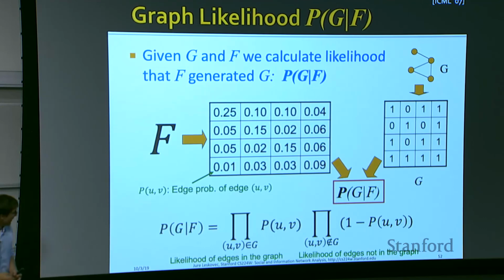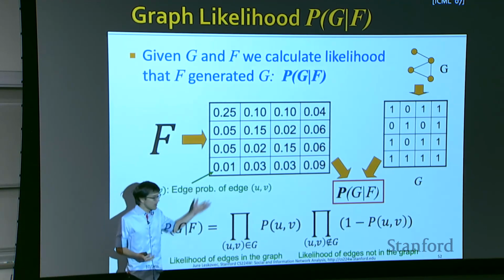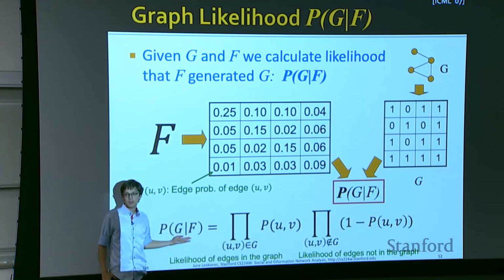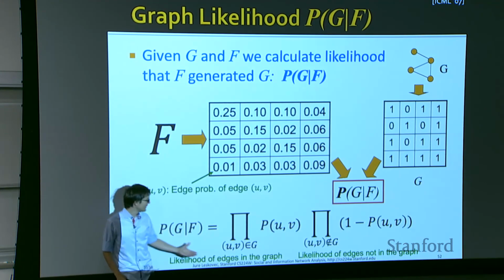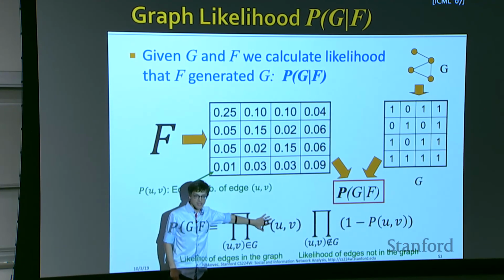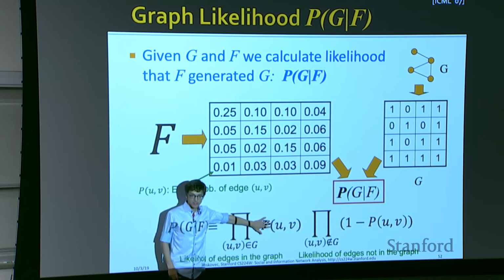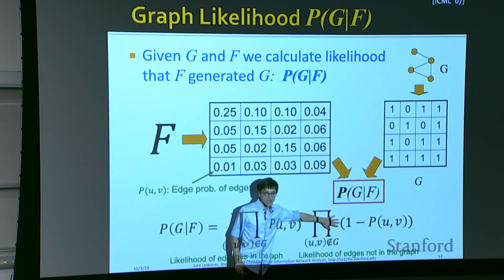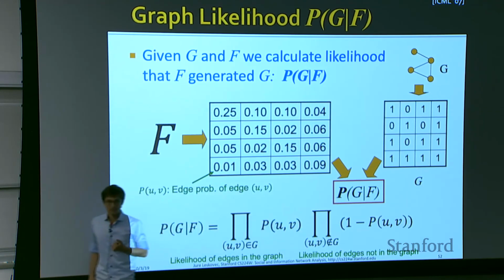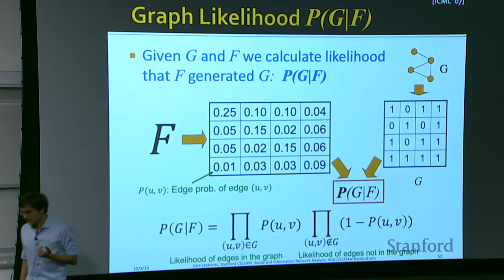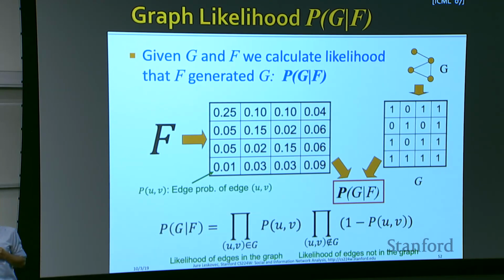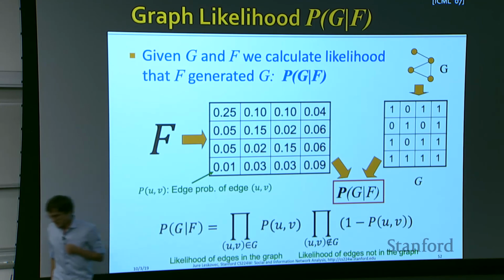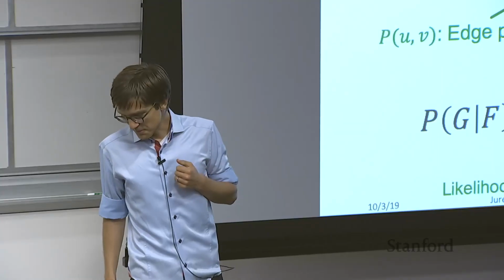This is a very general way, and whenever you work with probabilistic graph models, this is how graph likelihood is defined. It's defined as the likelihood of all the edges that happened, times the total probability of all the edges that must not happen, which is 1 minus the probability that they happen. Okay? That sounds good? So this is now the principle.